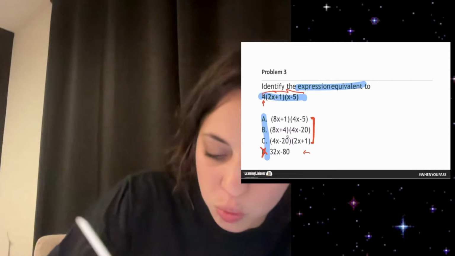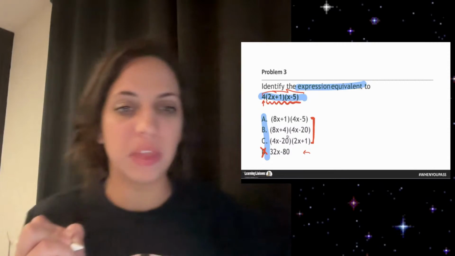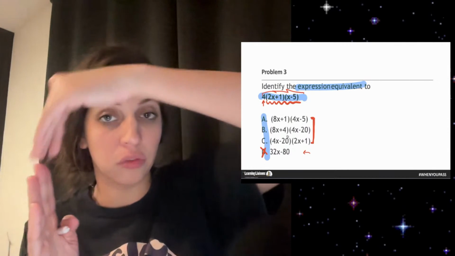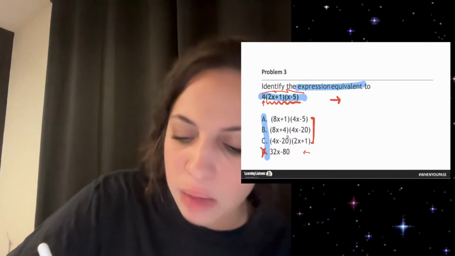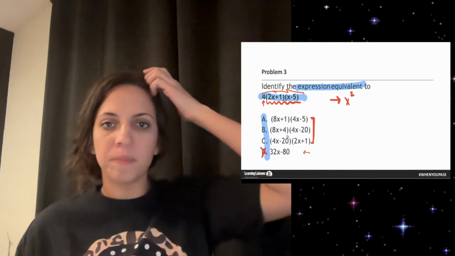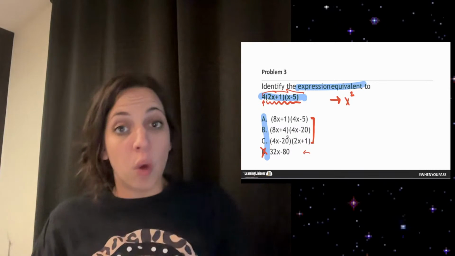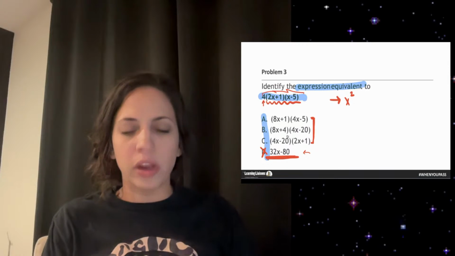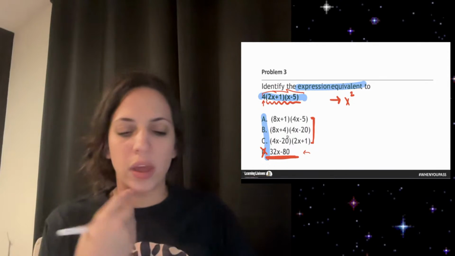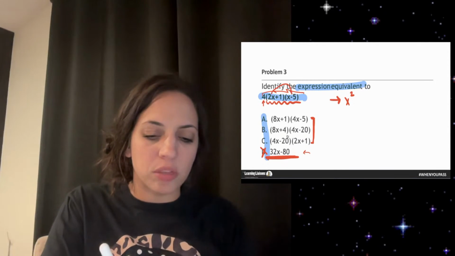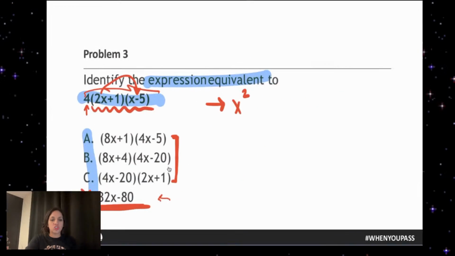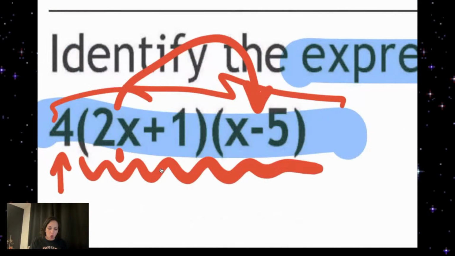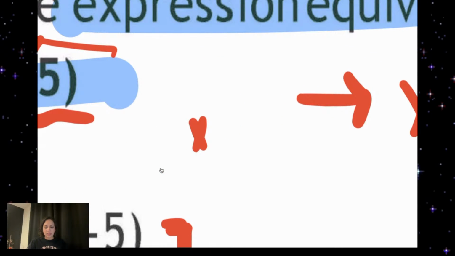Why? Because with this kind of expression, if I multiply that all the way through, I'm going to end up with some sort of x squared. It doesn't matter what kind of x squared I land with. This expression does not have an x squared. And you say, Amy, how do you know that there's an x squared? Because when I distribute this all the way through, it ends up multiplying that x times x, which equals x squared.